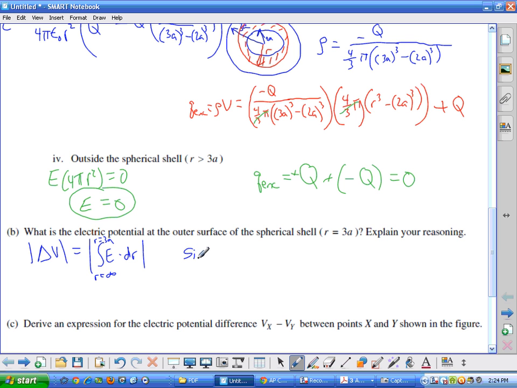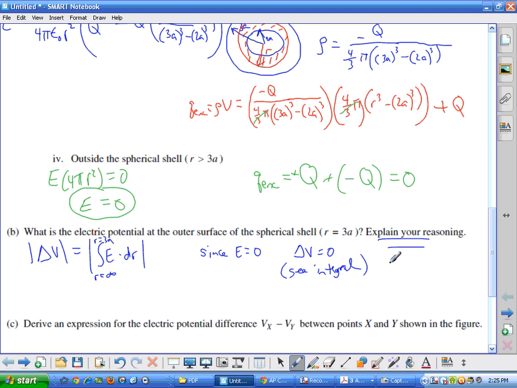And for this part, this is where you could say, since the electric field is 0, this integral is going to be 0. And you could say see the integral, because then it's clear that you knew that integrating this 0 gives you 0 still. The key thing is you have to explain the reasoning.